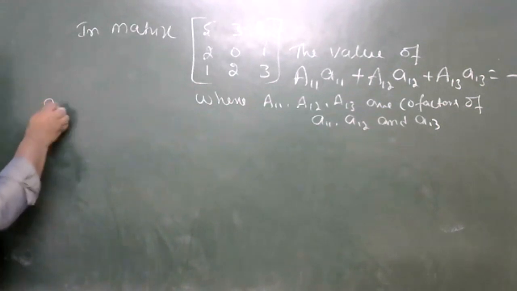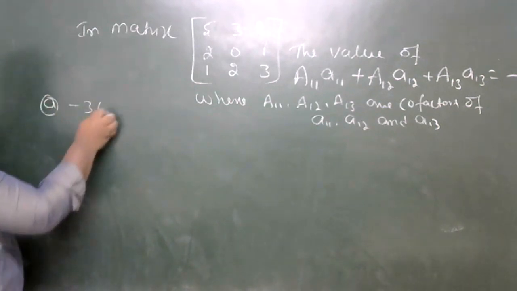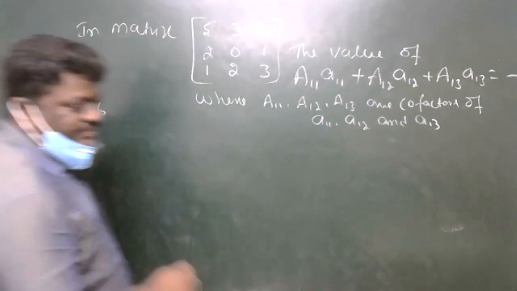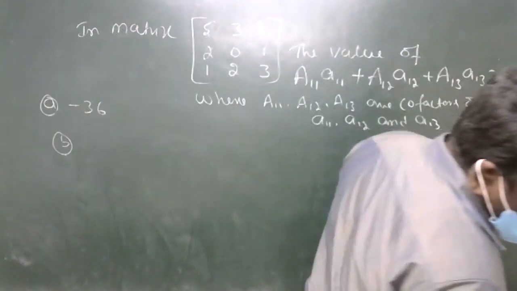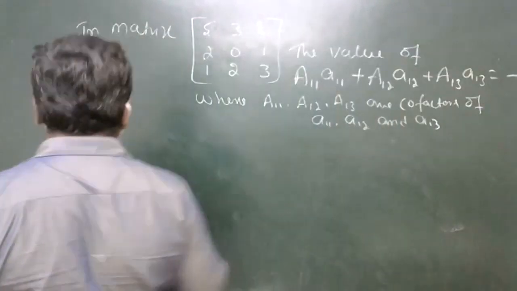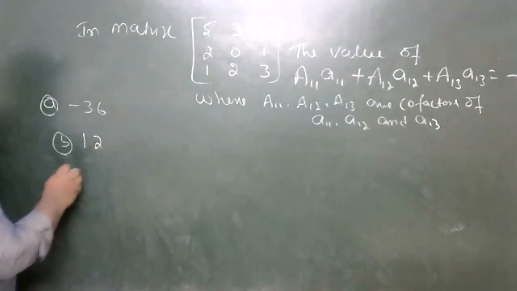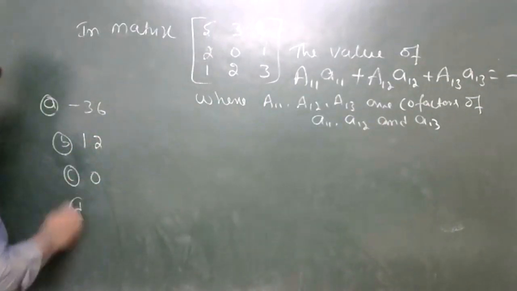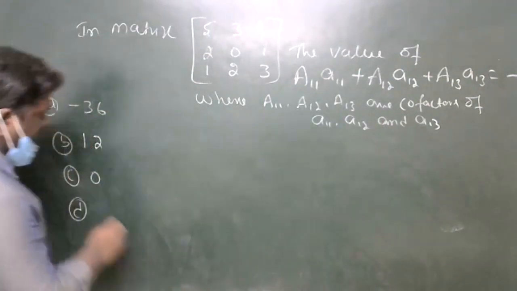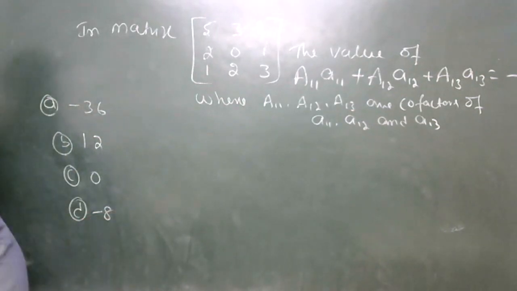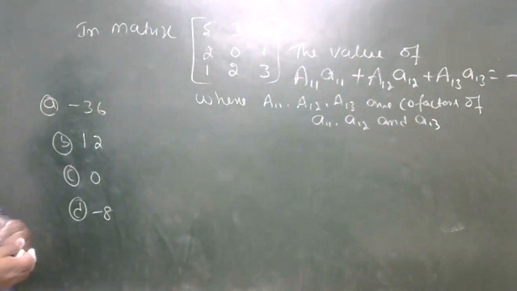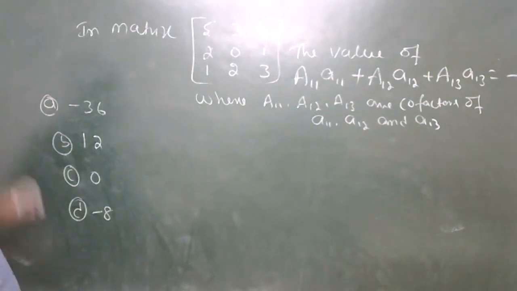So option A minus 36, option B 12, option C 0, option D minus 8. Very simple it is.